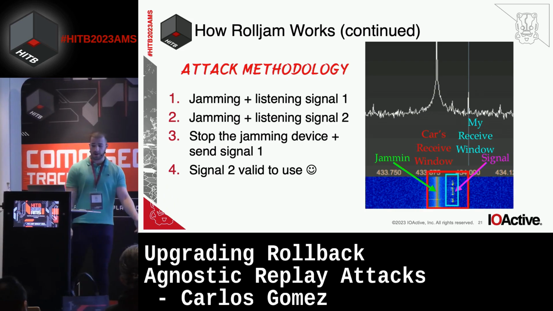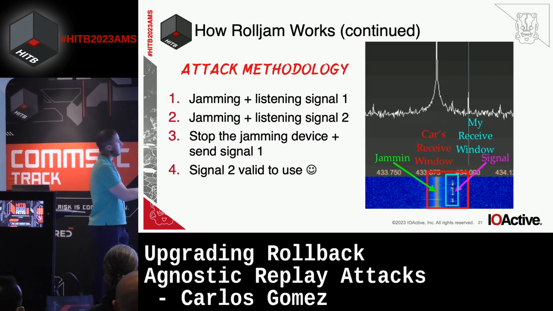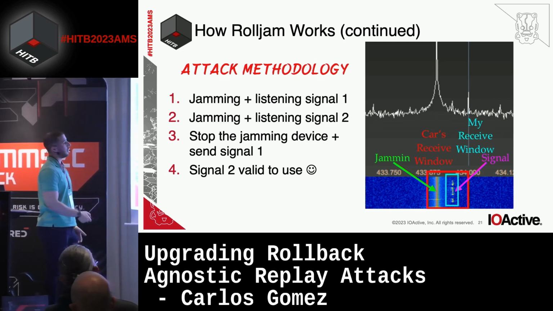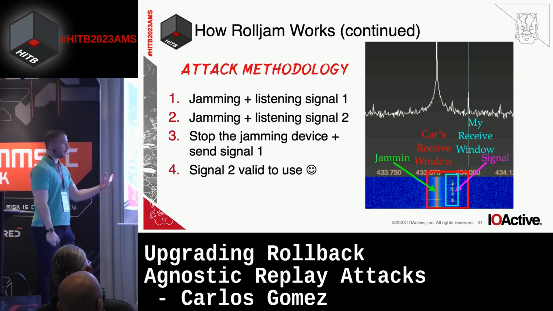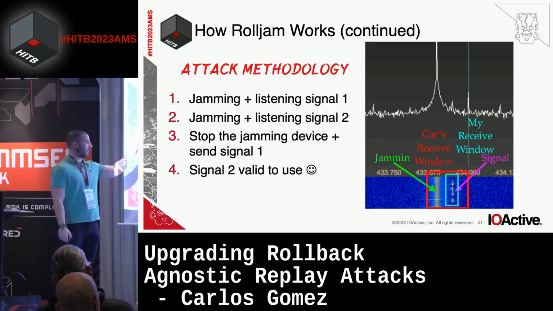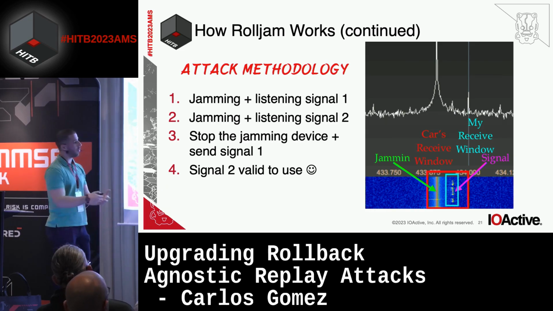But a brief explanation here about the methodology I usually follow. We are jamming while listening and capturing the signals. We are jamming while listening for the second signal that we said. And at the same time that we are capturing the second signal, we are going to stop the jamming device and send the first signal to open the car.